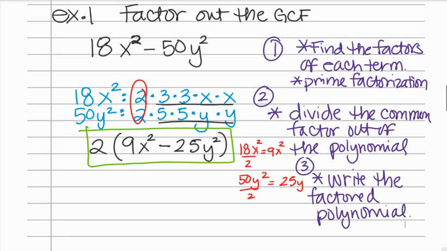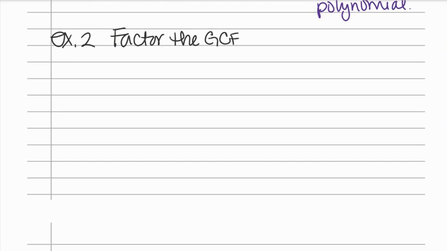Okay, let's look at another example. Factor the GCF. Okay, and our problem is 3g to the 8th plus 3g to the 5th.